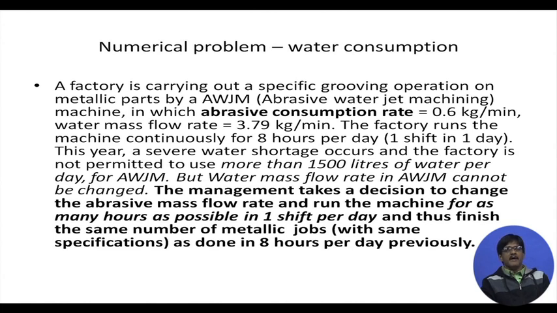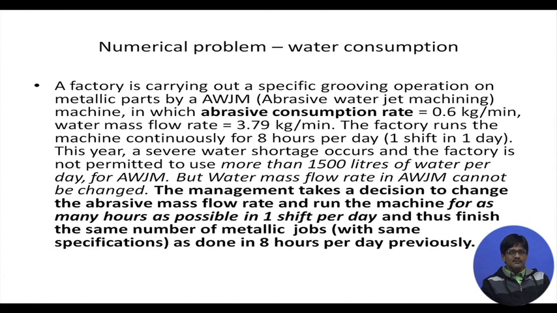Okay. The management takes a decision to change the abrasive mass flow rate and run the machine for as many hours as possible in one shift per day, and thus finish the same number of metallic jobs as done in 8 hours of work per day previously. So, what they have planned is that previously with 8 hours in our hand and with 3.79 water flow, we were using 0.6 kgs per minute.